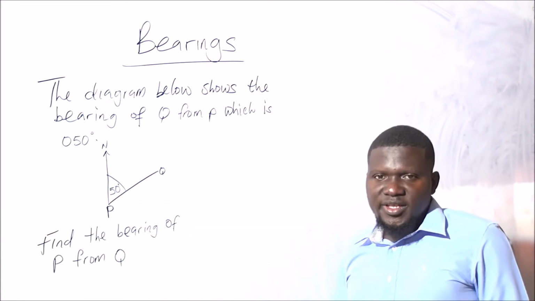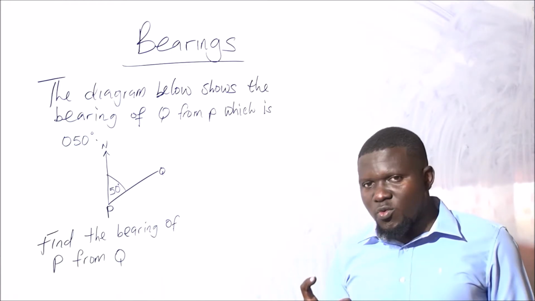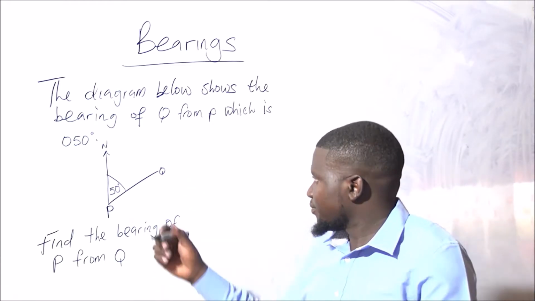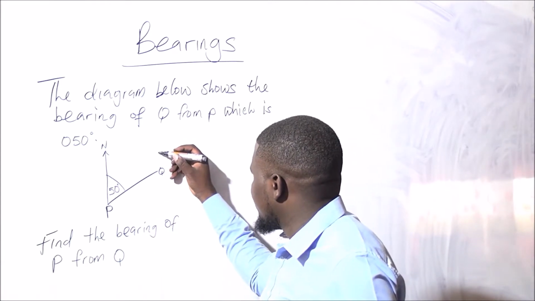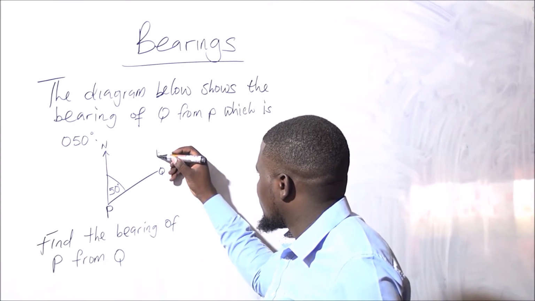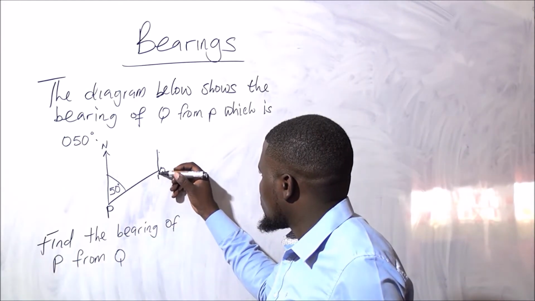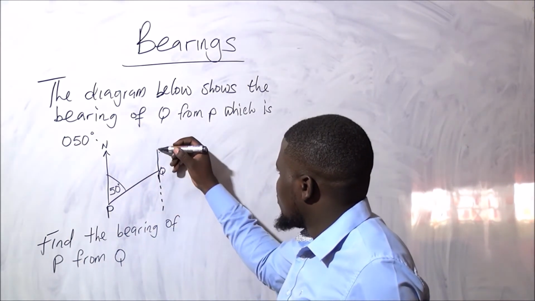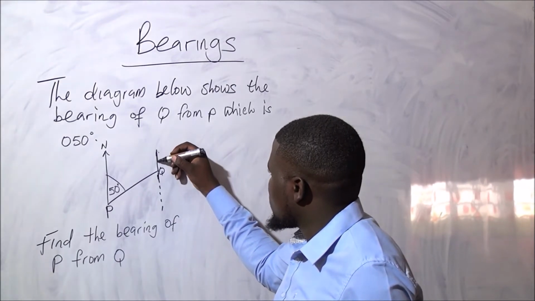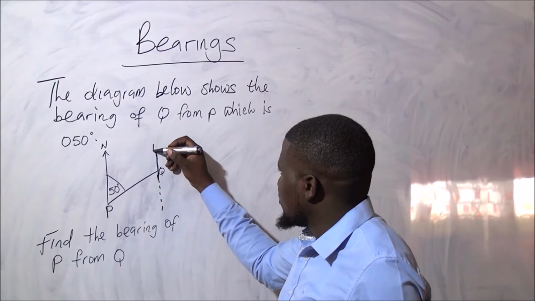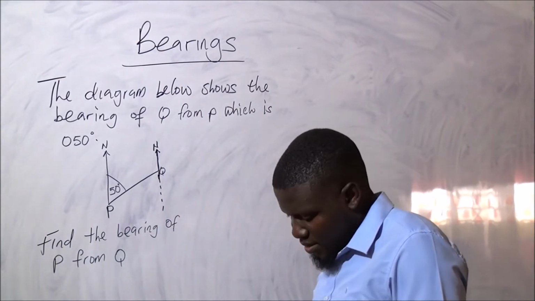To calculate this, we need to come up with the main pole. We need to create a north pole here. This is my north pole here, as my main reference.